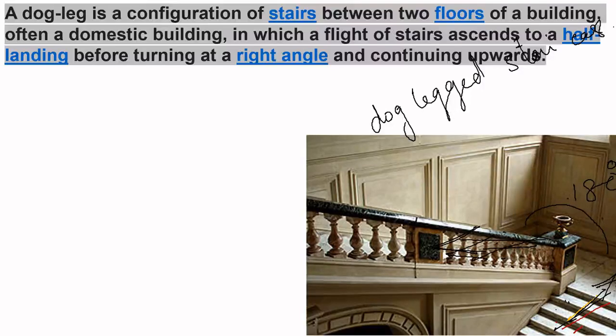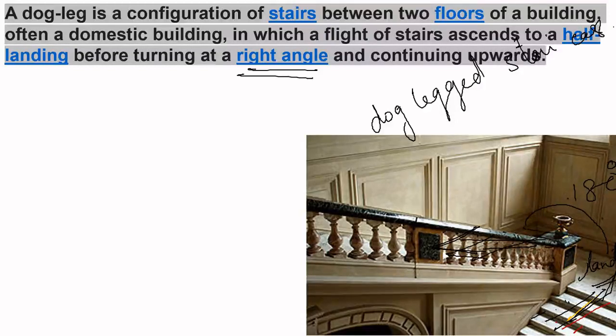Now, a dog leg is a configuration of stairs between two floors of a building, often a domestic building, in which a flight of stairs ascends to a half landing before turning at the right angle and continuing upwards. So the steps are turned at right angles and before turning you will have a landing. This portion is called a landing.